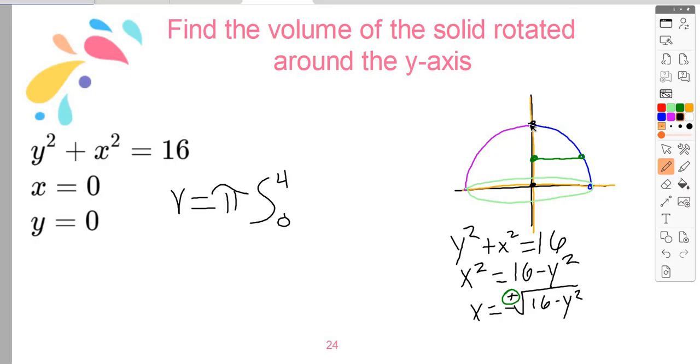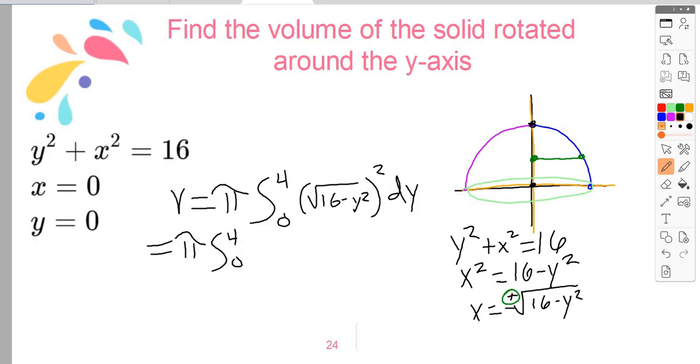It would be negative 4 to 4 for our x values, but I have to do my y values. So then we have the square root of 16 minus y squared, quantity squared, dy this time. Again, we're squaring a square root, so I just end up with the stuff on the inside.